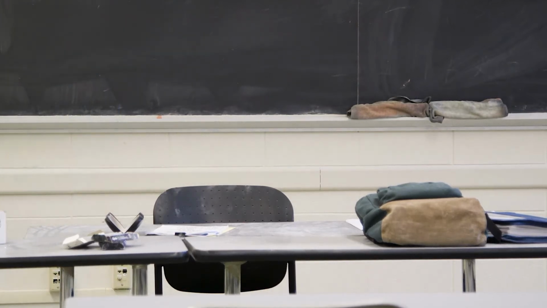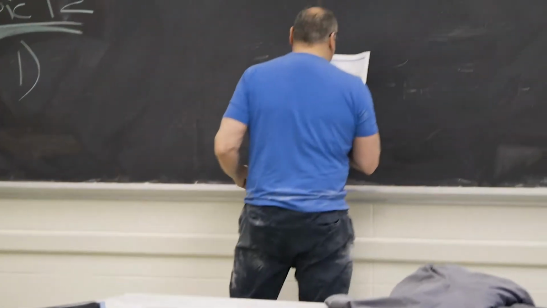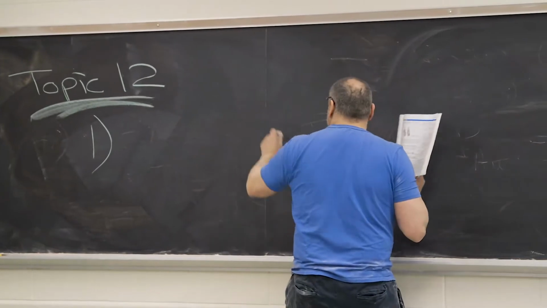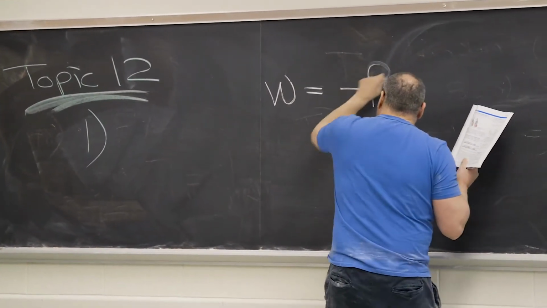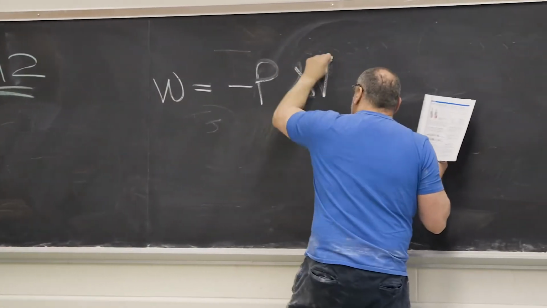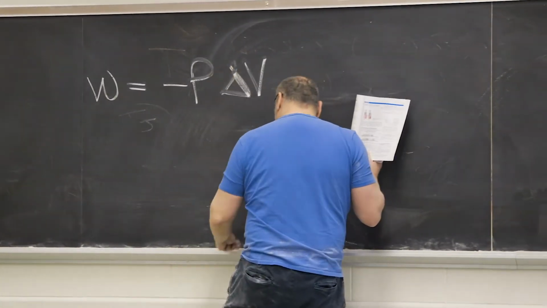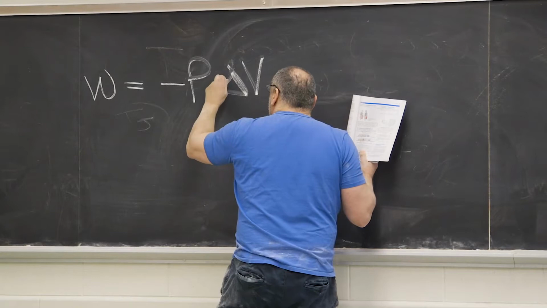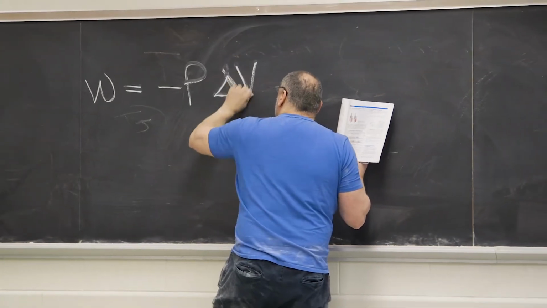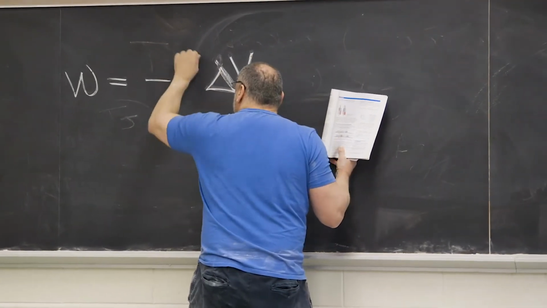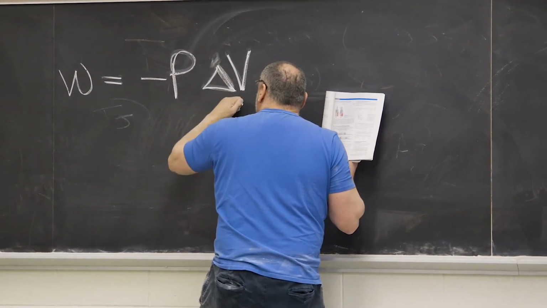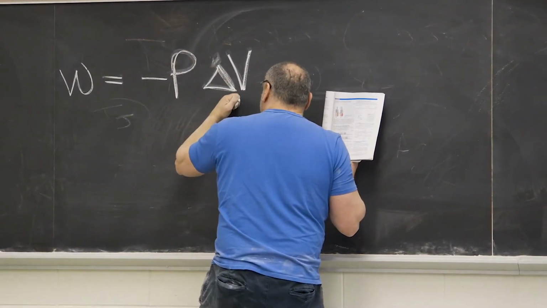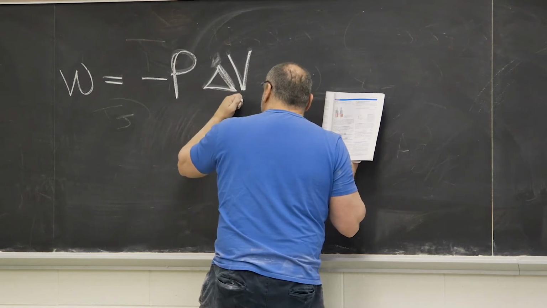If you're going to compress a gas, the delta V is negative. So the work that's done on the gas is negative P times delta V. Well, what does that mean? Negative P times delta V means if the change in the volume is a reduction in the volume, delta V is a negative number.